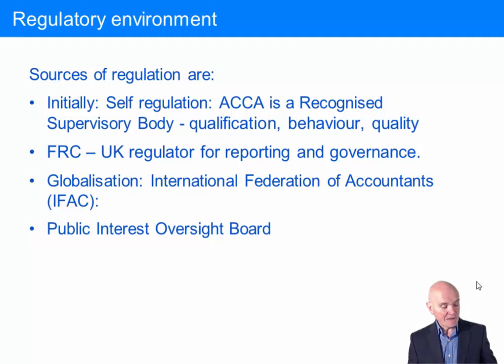And in many ways, this is how a professional qualification like ACCA is different to an MBA. Once you have an MBA, a degree, it's yours for life, no matter how evil you become. But if you're a member of the ACCA, they retain disciplinary powers over you, and you can be thrown out or fined, or they ensure that you keep up to date with current developments.